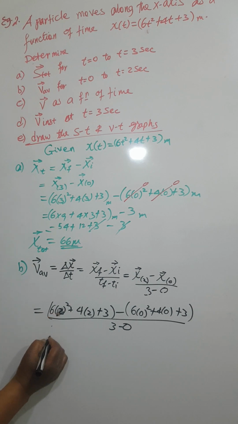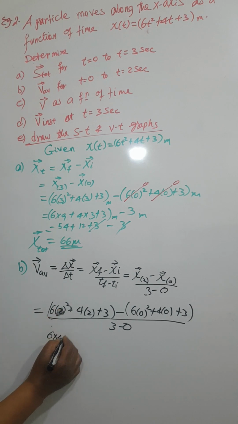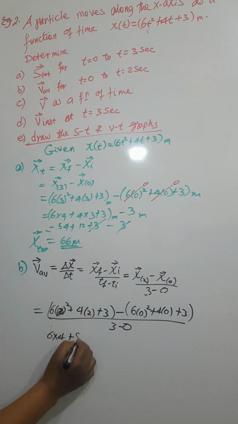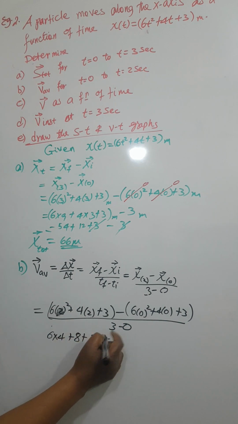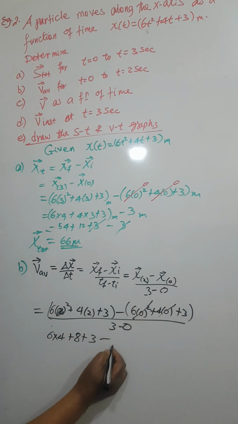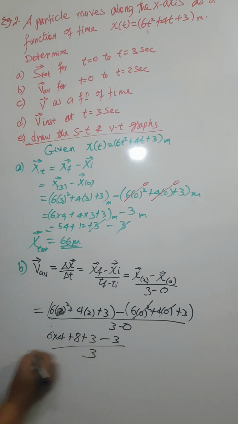Now this is 6 times 4 plus 8 plus 3 minus 3, these are zeros, divided by the difference here, which is 2. Then this is 24 plus 8 is 32.